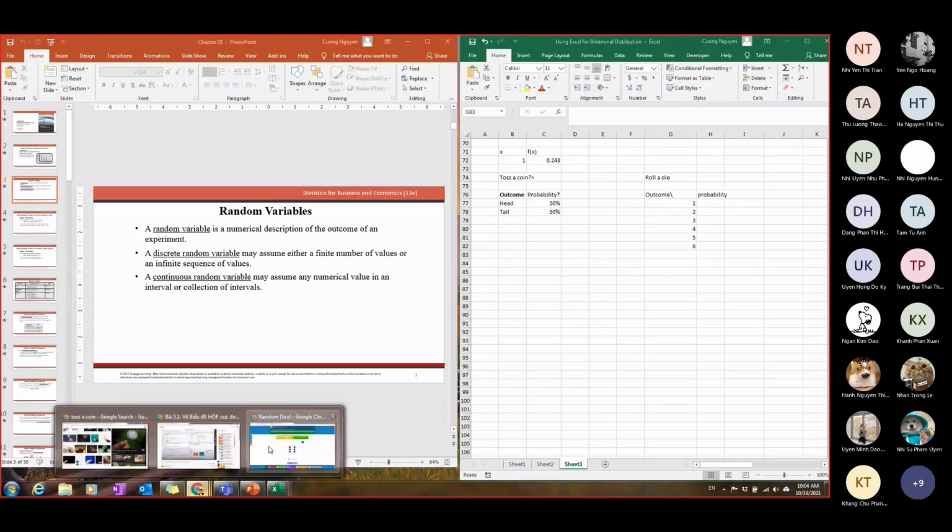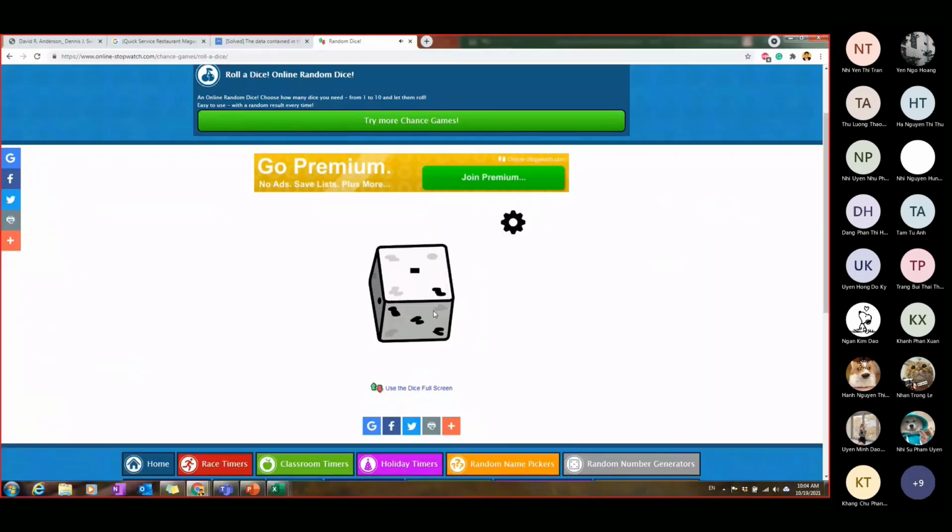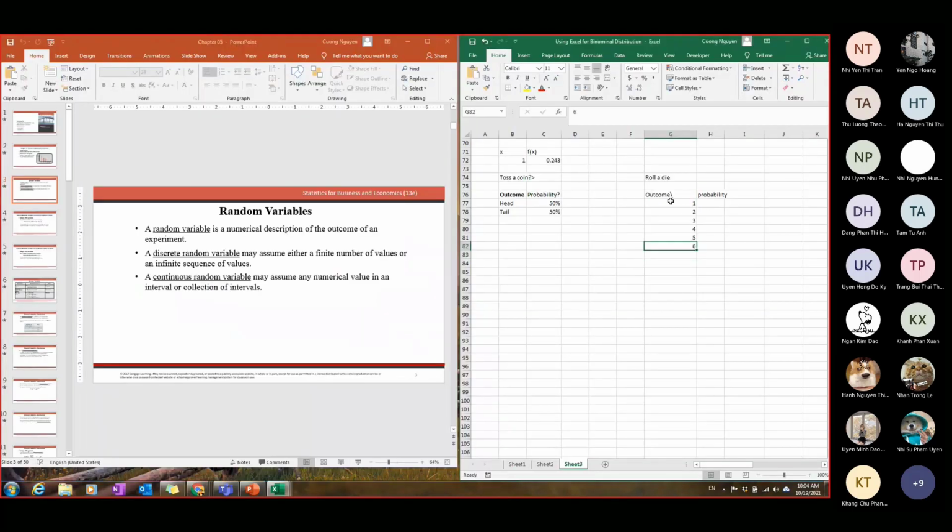Because this is a regular die, and normally it generates one among 6 results. So this will be 1, another one I have 3, another one 4, something like that. So we can have the outcome from 1 to 6, and what will be the probabilities of each of them?